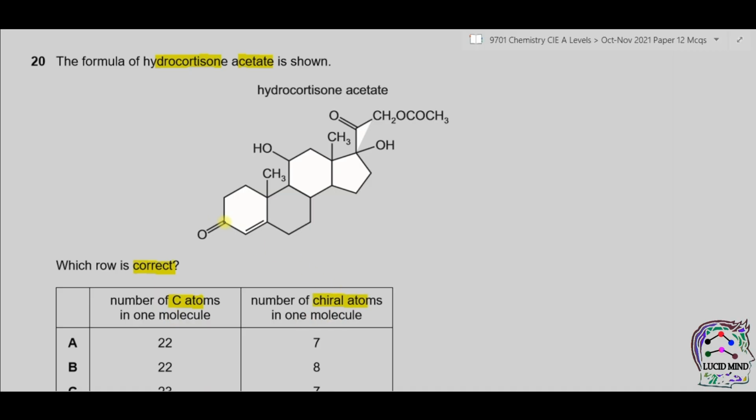Let's first count the number of carbon atoms. 1, 2, 3, 4, 5, 6, 7, 8, 9, 10, 11, 12, 13, 14, 15, 16, 17, 18, 19, 20, 21, 22, 23. So we have 23 carbon atoms.